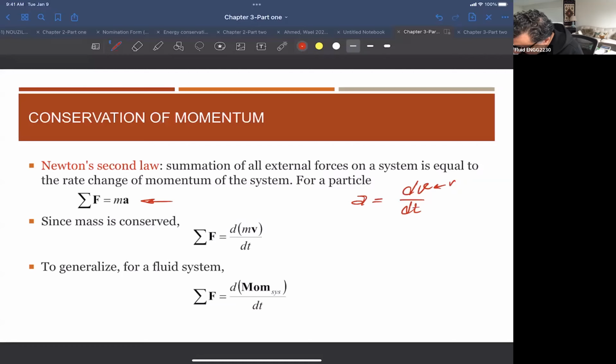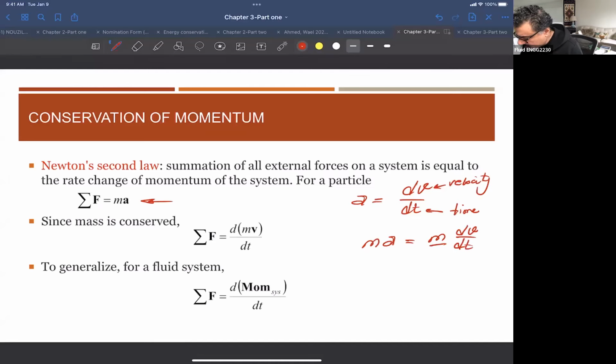So this is velocity. I know we have so many V's here, but this is time. Okay. And if I am talking about a specific certain mass of this system, I can say, for example, MA is M dV by dt.